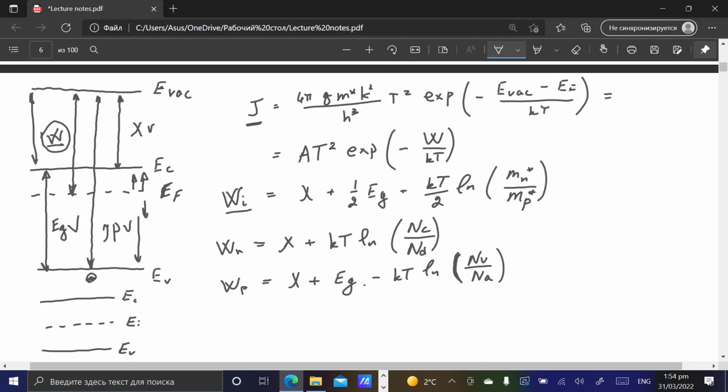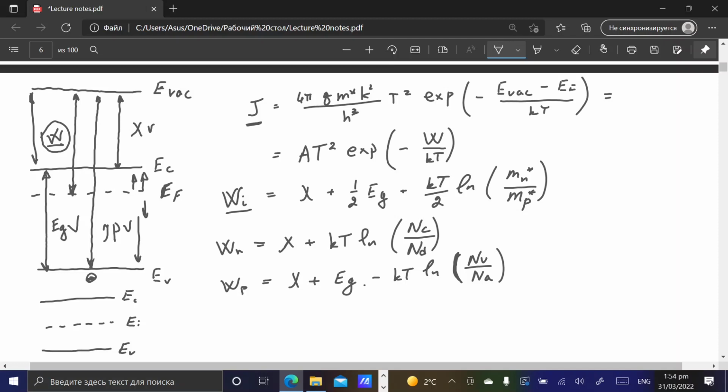For P-type, because we have the Fermi energy level located deeper for a P-type semiconductor, closer to the top of the valence band.